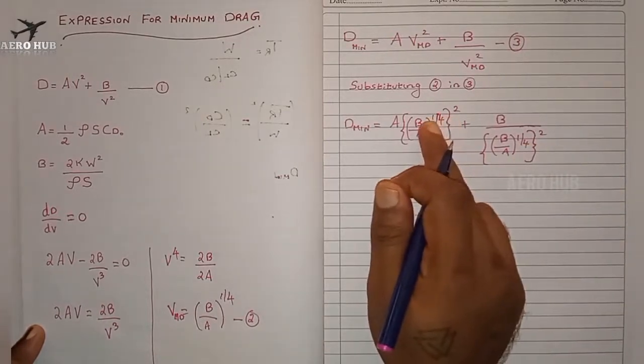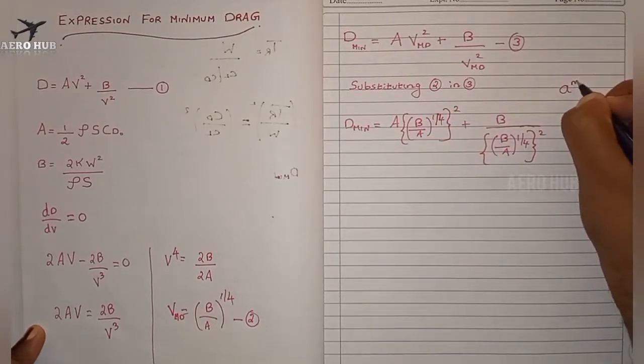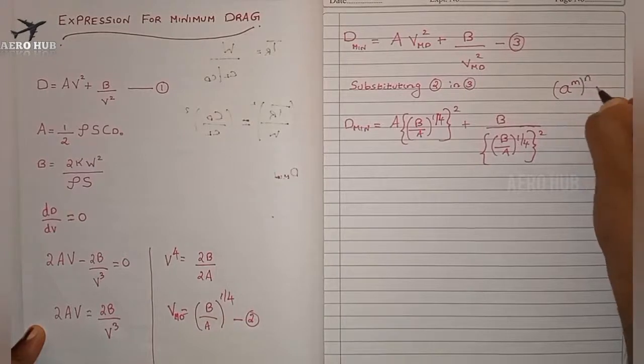If I square this term, (a power m) the whole power n will be equal to a power m into n.